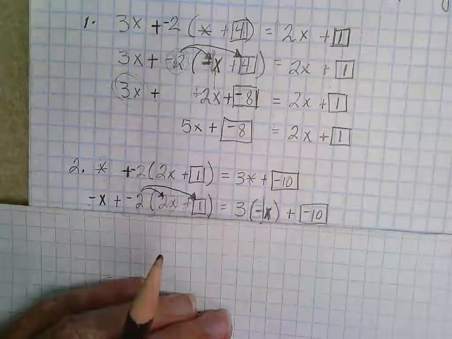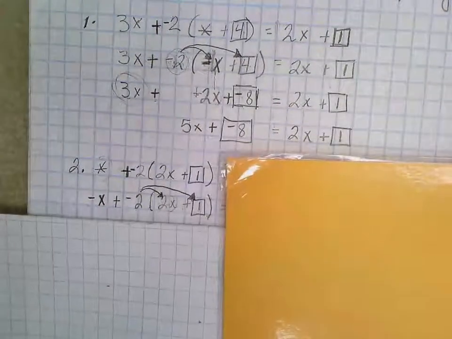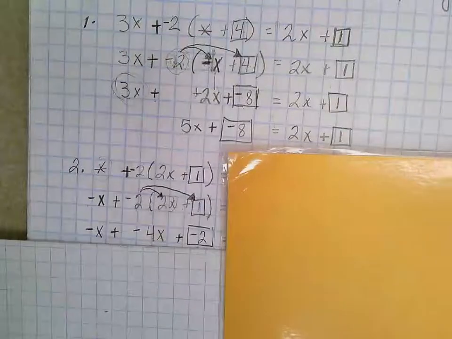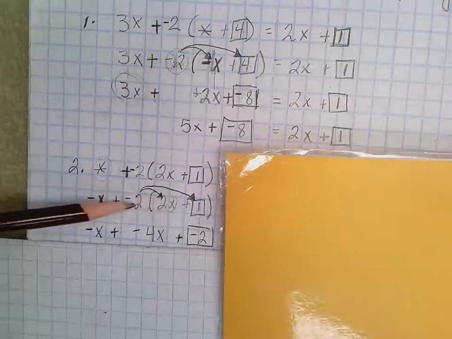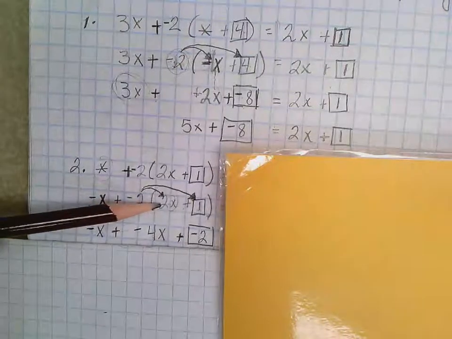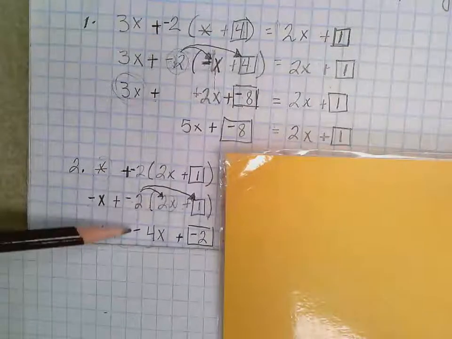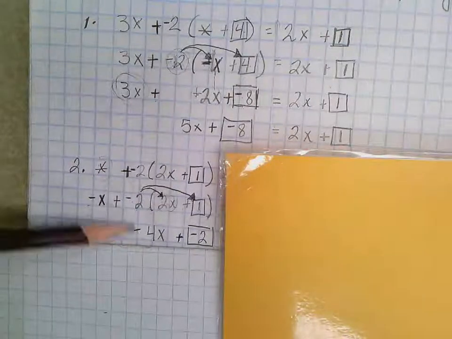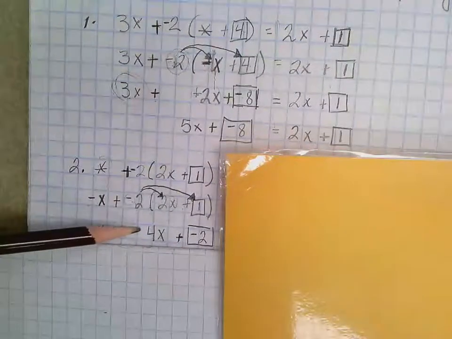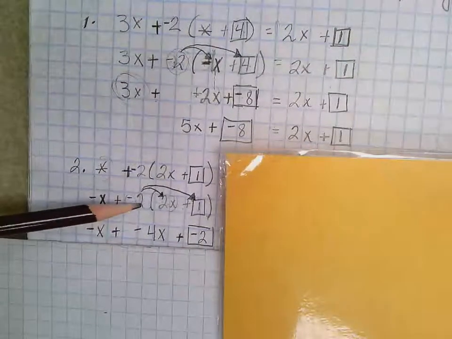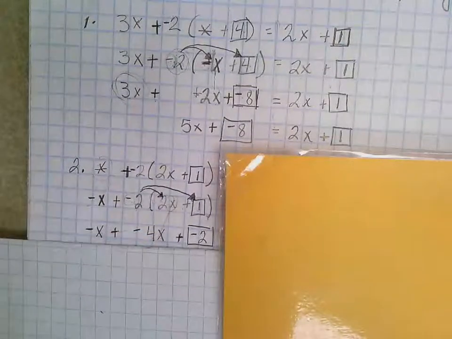So when I go to rewrite, I'm going to cover that up for a minute. I'm going to leave my negative x there, and I'm going to distribute my negative 2 through my parentheses, which means negative 2 times 2x is going to give me negative 4x, because a negative times a positive is a negative, and 2 times 2 is 4, and the x comes along for the ride.